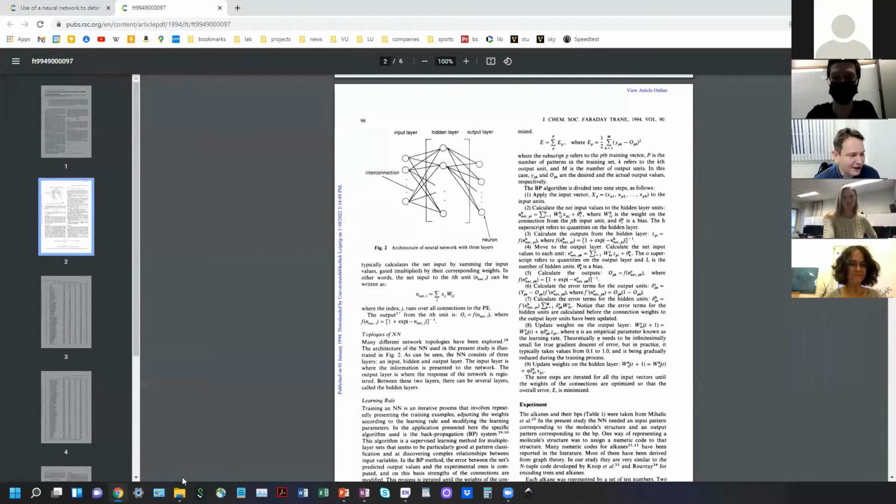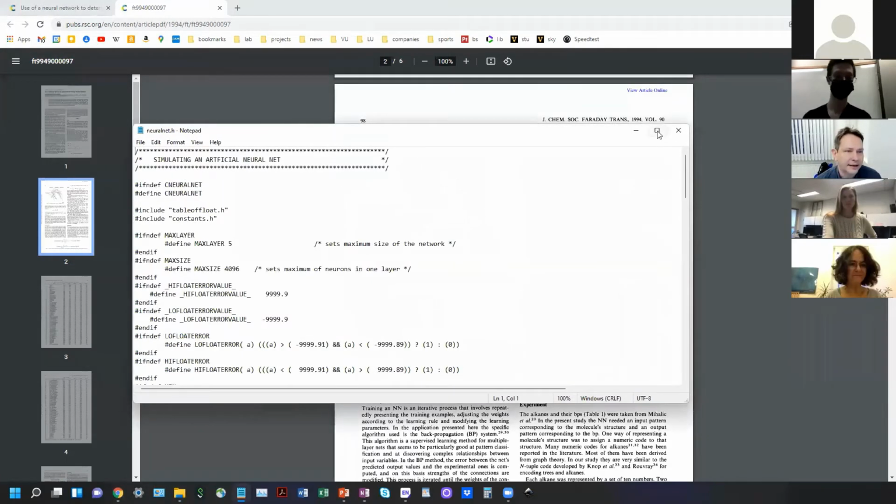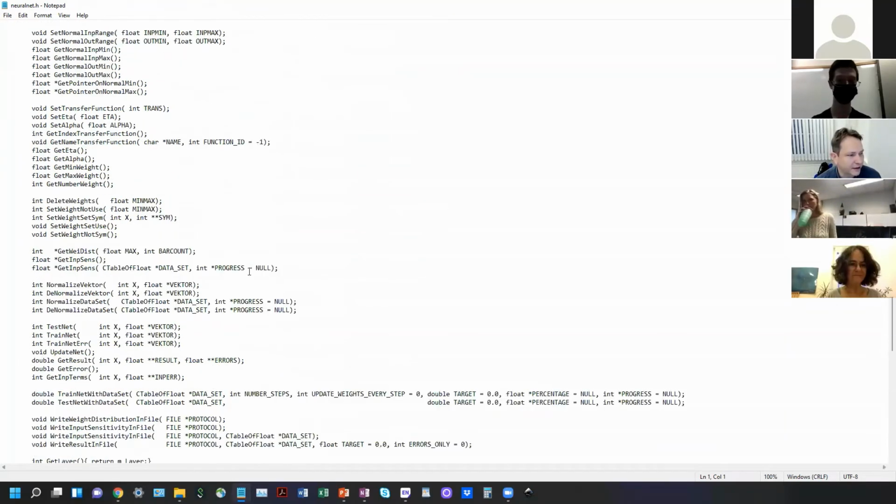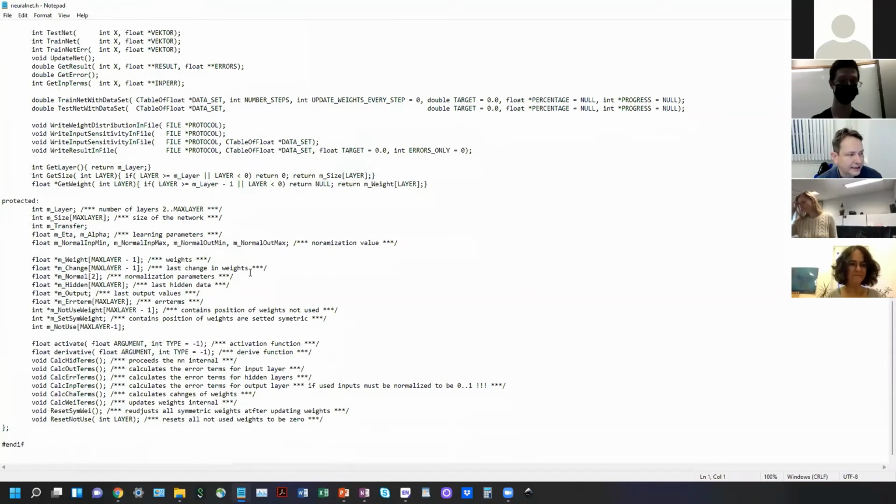And so, yeah, basically, that was the starting point of what we call the BCL today. I created this class. This is not the current version of the BCL. That's also not the first version I wrote, but it's some intermediate version from some year that I dug up, that sort of defines a class of a neural net.